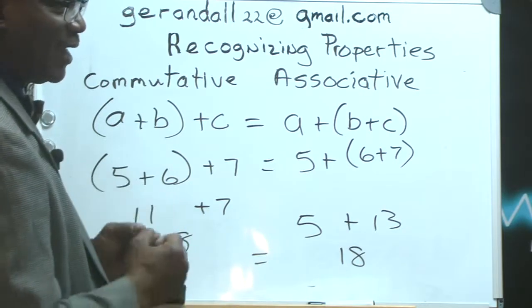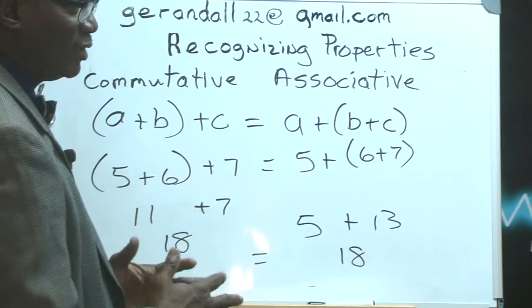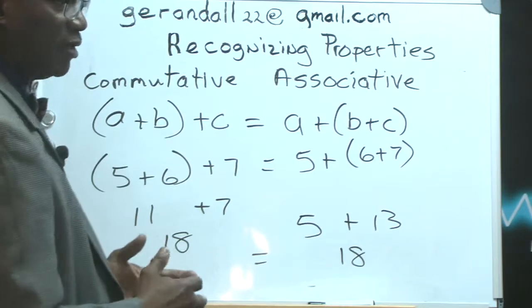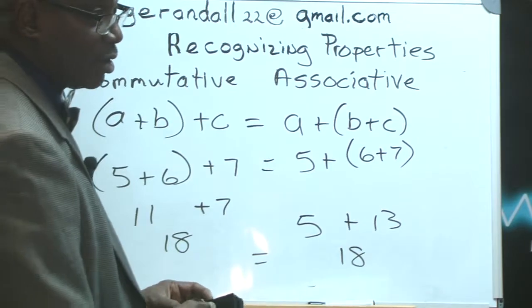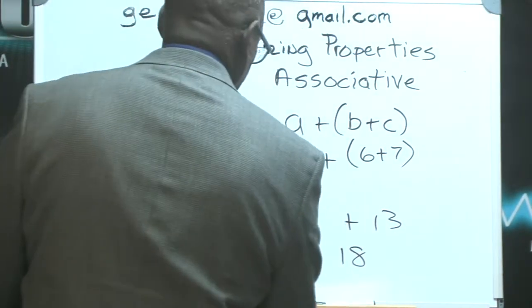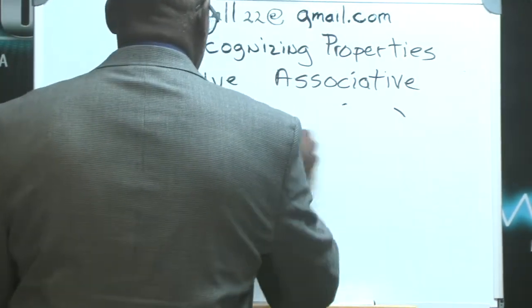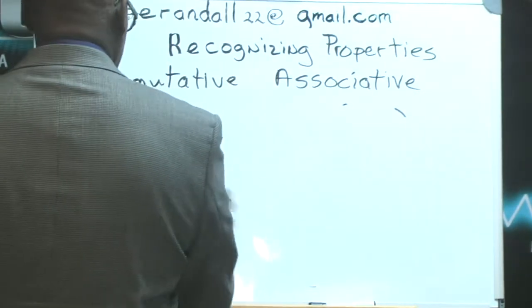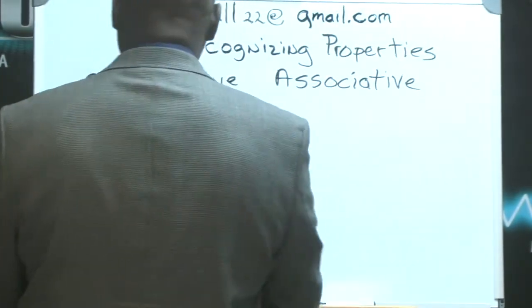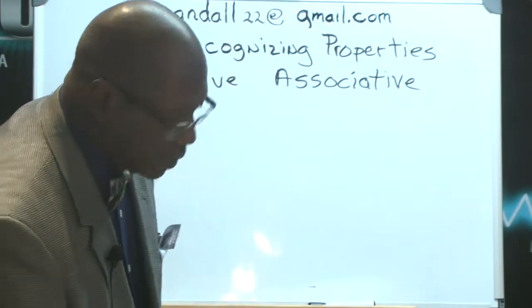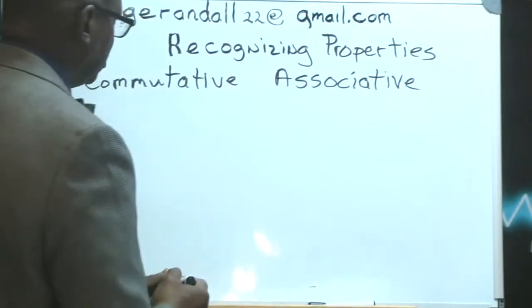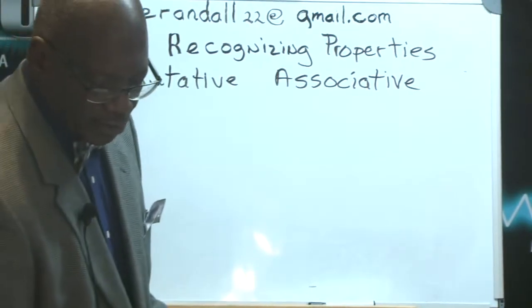We need that language all the time when we're solving our mathematical problems. We'll need it in algebra also. And I can add one more property called the distributive property.